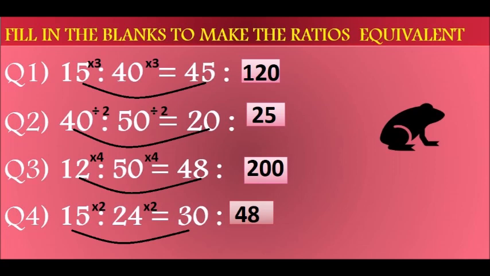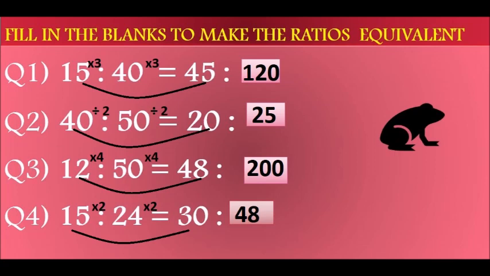The same thing goes on the second number, that is 50. So put the same divided by 2 with this 50, and 50 divided by 2 gives you 25. 40 divided by 2 gives you 20 and 50 divided by 2 gives you 25.